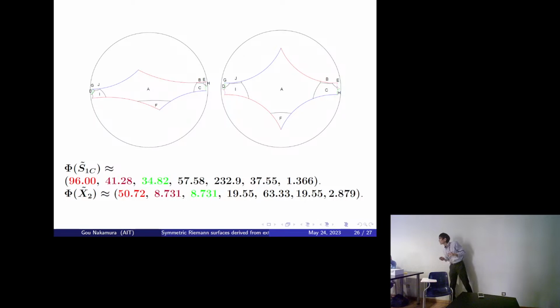So perhaps it would be good to have a distance that did not depend on this choice, some sort of invariant distance. It has to depend on the marking. You're looking at marked metrics.